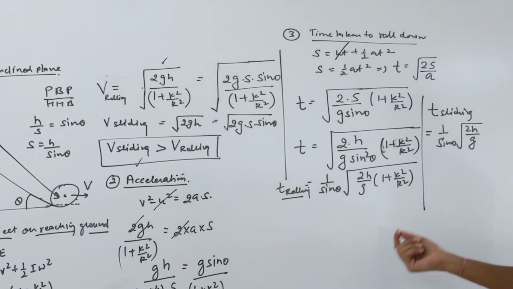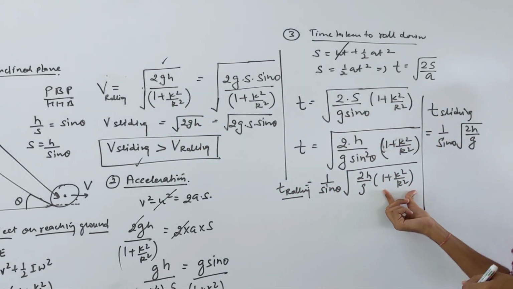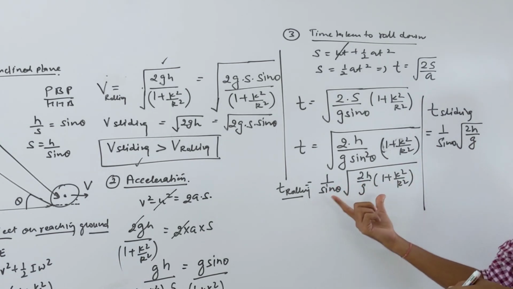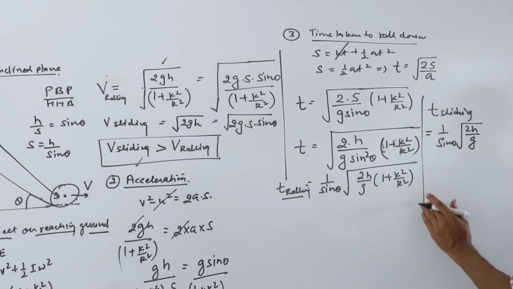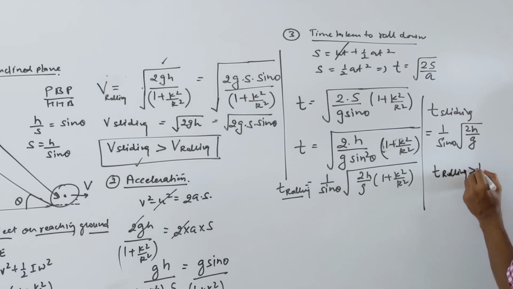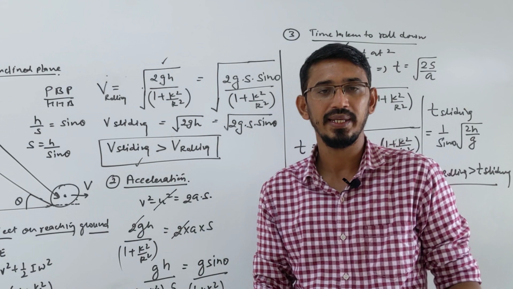Look here, in this case these terms were divided, but here they are multiplied, and this term is more than 1, so this answer is bigger this time. So remember that time in case of rolling is more than time in case of sliding. Obviously you can understand that if the velocity of sliding is more, the time taken will be less, right?